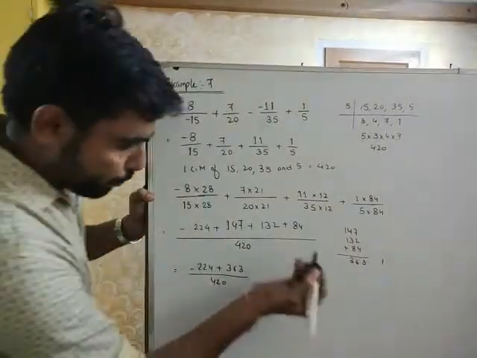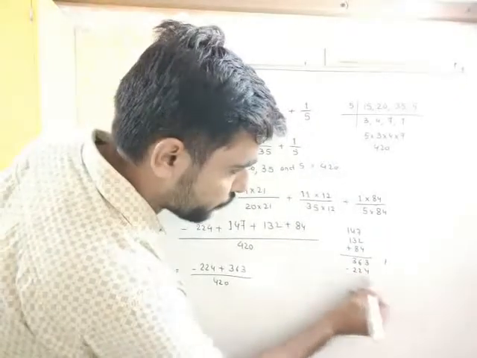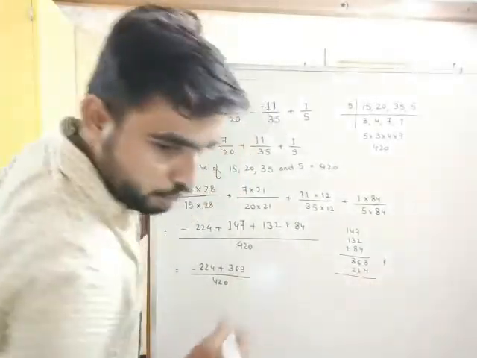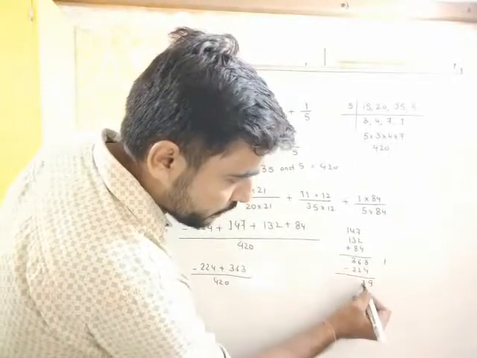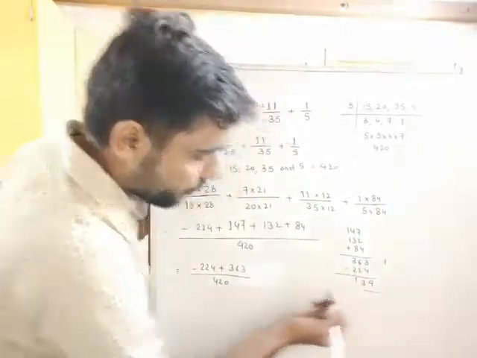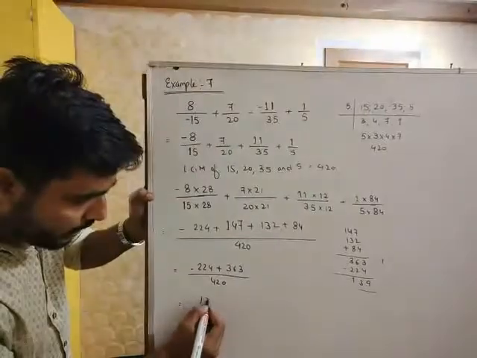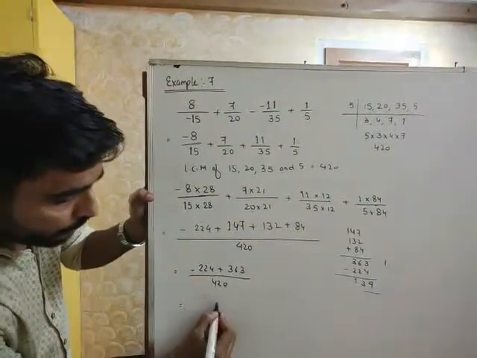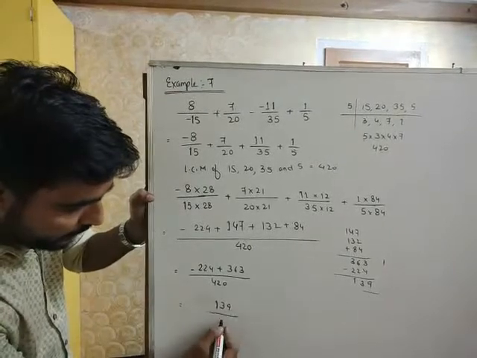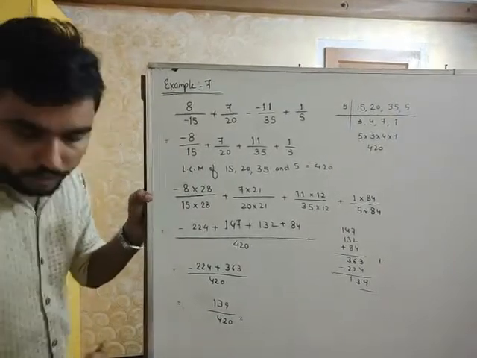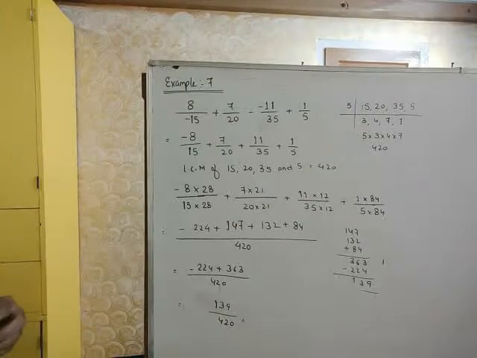Now plus minus will be what? Minus. So 363 minus 224. 3 minus 4 is not possible, 13 minus 4 is 9. And here 5 minus 2 is 3 and 1 minus 2 is 1. So we got 139. And what will be the sign of 139? It will be positive because 363 is positive. So the answer is 139 by 420.